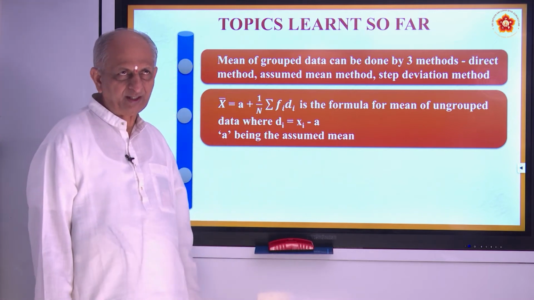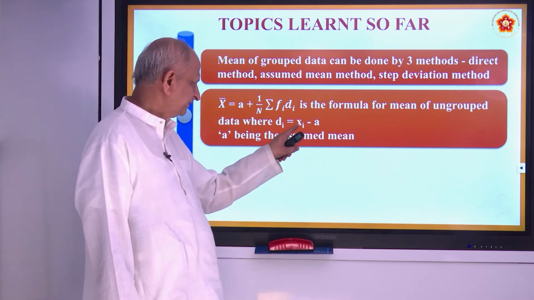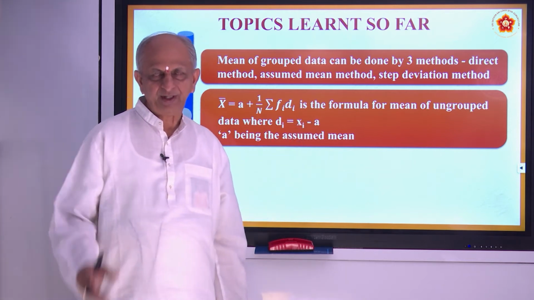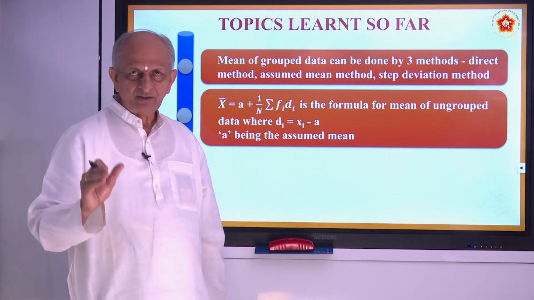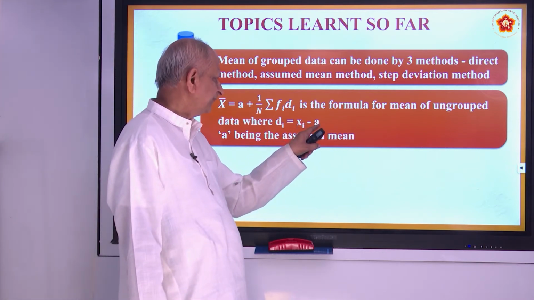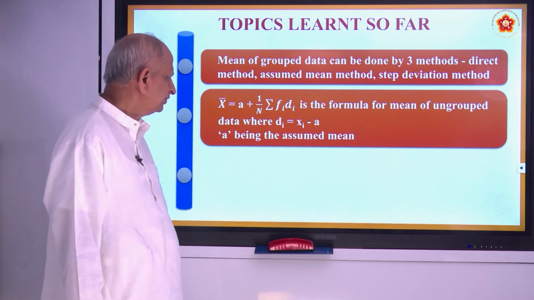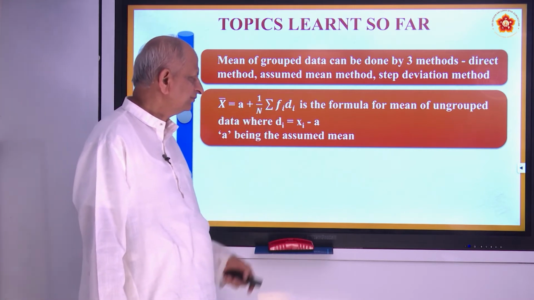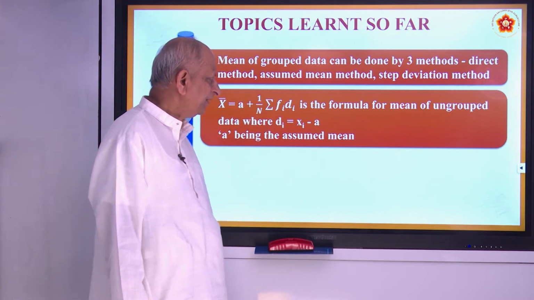How to calculate that deviation? di is equal to xi minus A, where xi is the data and A is the assumed mean. So by applying this formula, we can find the mean of grouped data.